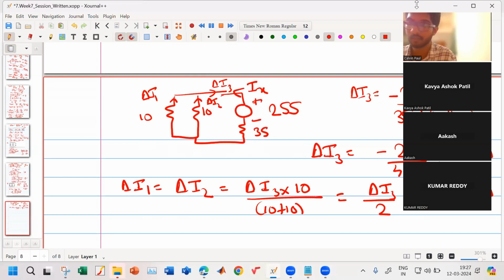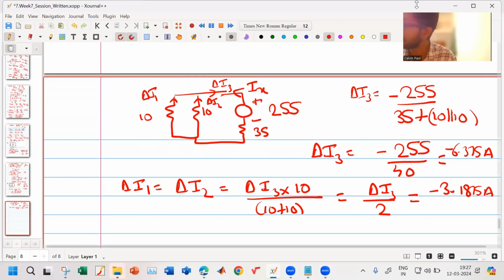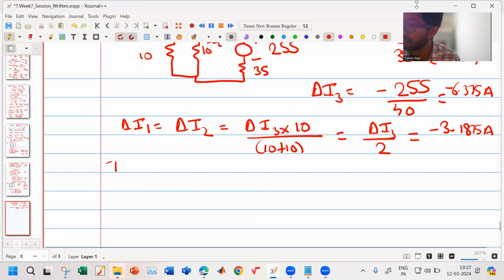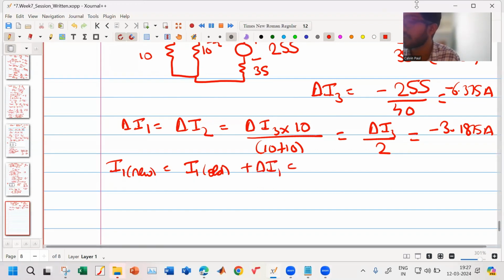Okay. So what is my I1 new? It is I1 old plus delta I1. My I1 old was 8. Delta I1 is minus 3.1875.